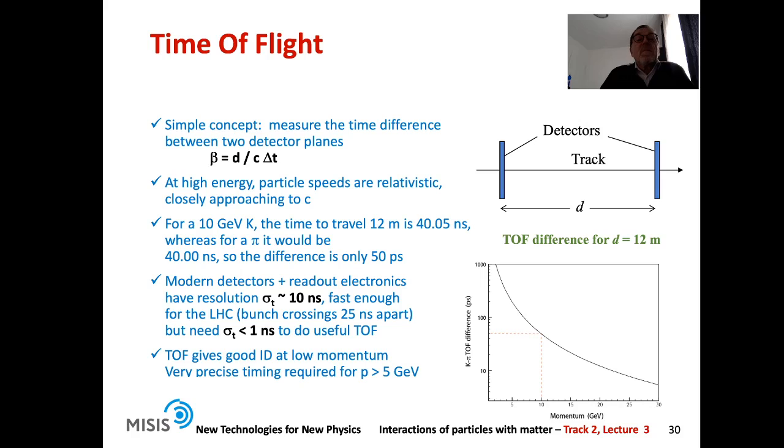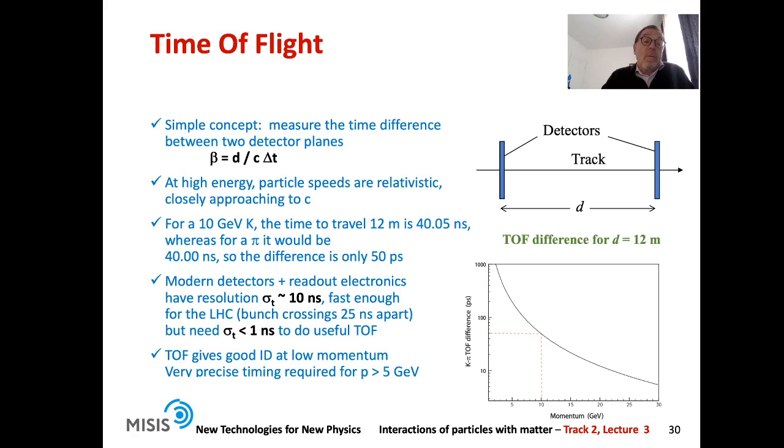Well, the standard modern detector plus readout electronics have time resolution of the order of 10 nanoseconds, well, a couple of nanoseconds. They are fast enough to separate the different LHC bunches because the bunch crossings are 25 nanoseconds apart, but we need a resolution much better than 1 nanosecond to do a useful job for time of flight measurement.